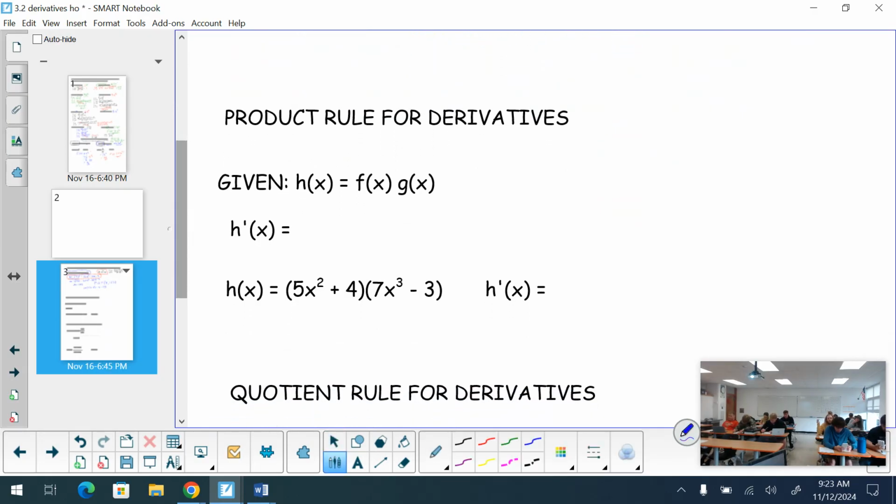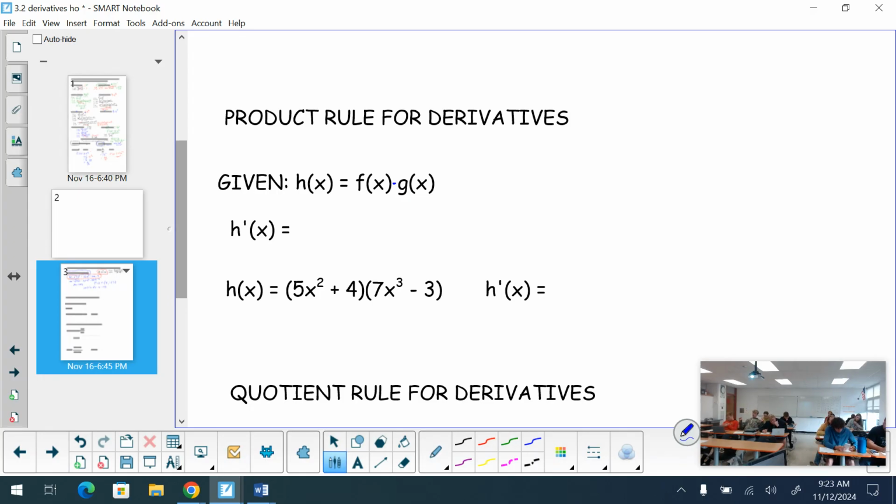The product rule. If we have two functions that are being multiplied together, we have what is called, since they're being multiplied, the answer to a multiplication problem is a product. Two things that are being multiplied together gives us a product.